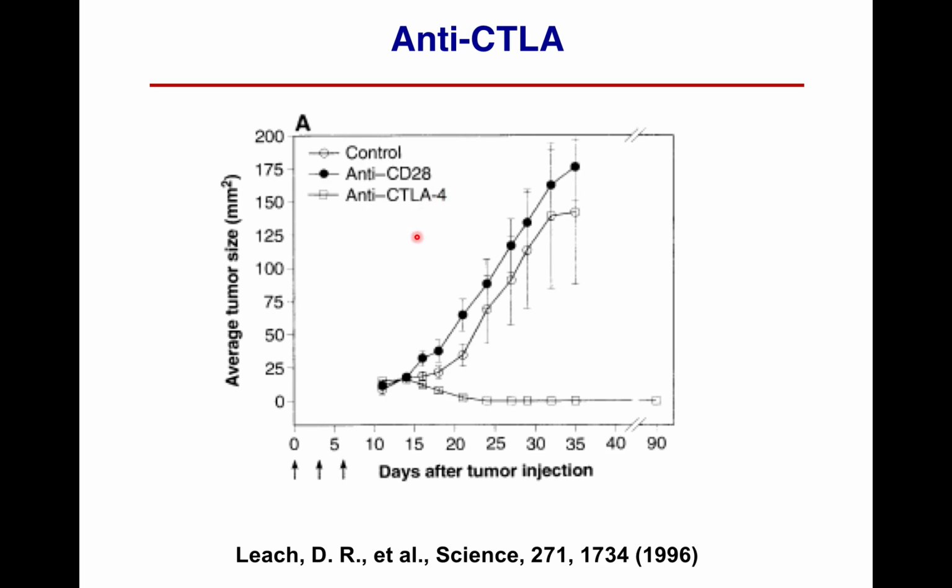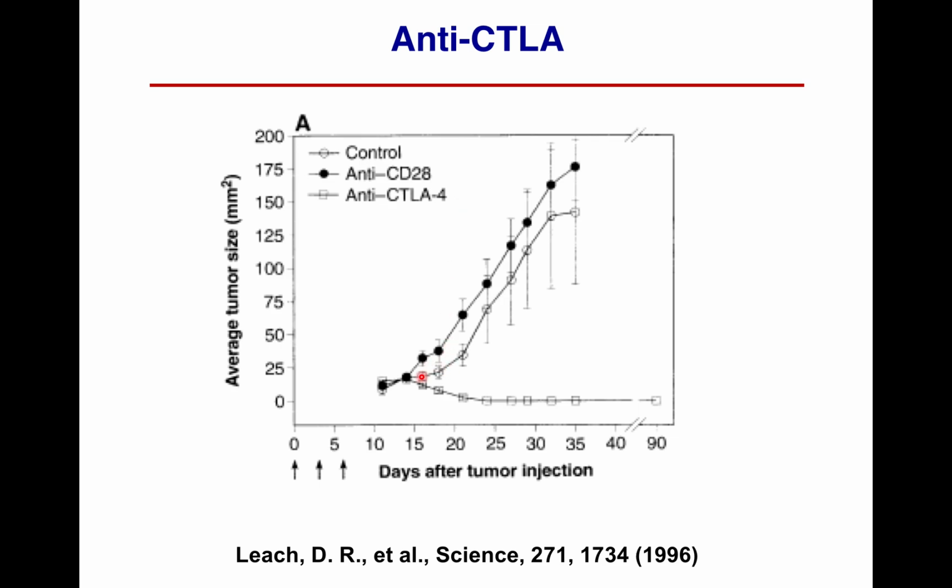When he used, in this paper, he showed that if you took an animal, an animal with a full immune system, and implanted a tumor, I believe this was a melanoma-based tumor, and then gave injections of either the control or an anti-CD28 or anti-CTLA4.